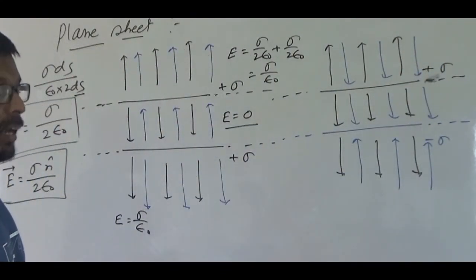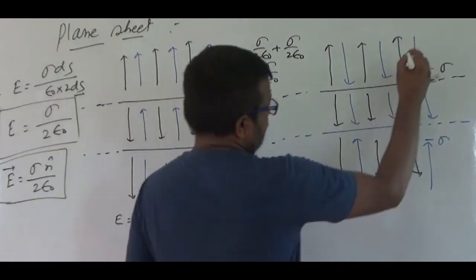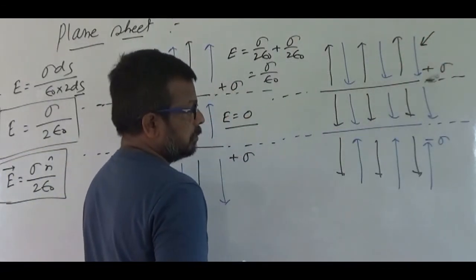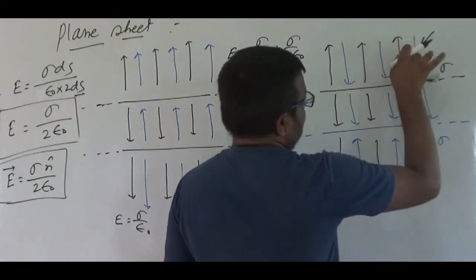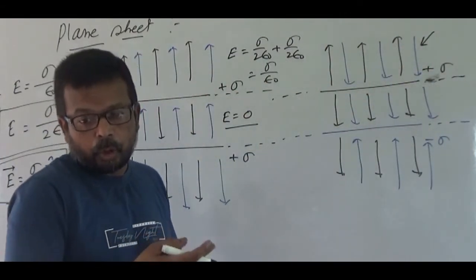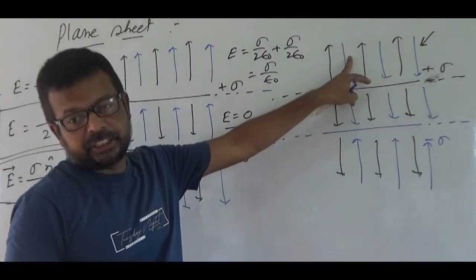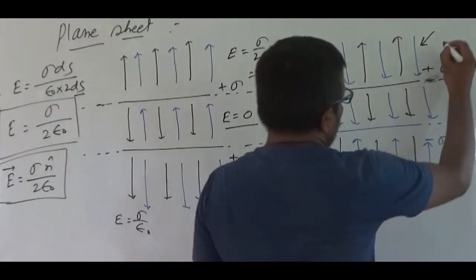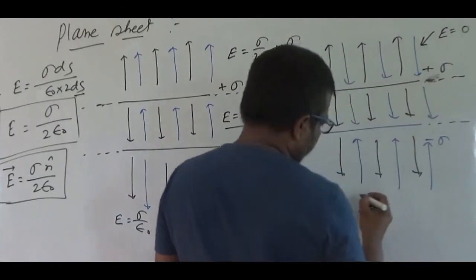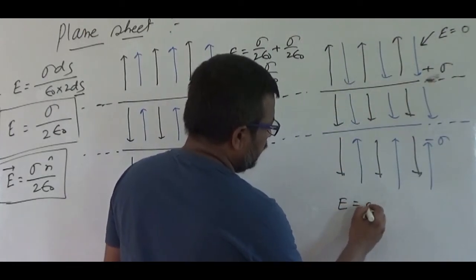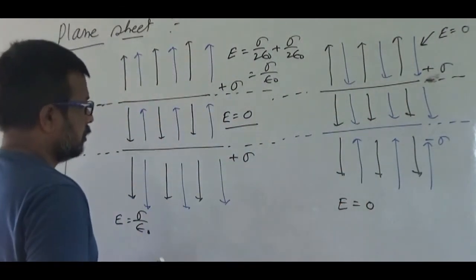Then what happens? In this region, the field lines are in opposite directions. That means the field in this region will be 0. Field in this region will be 0.